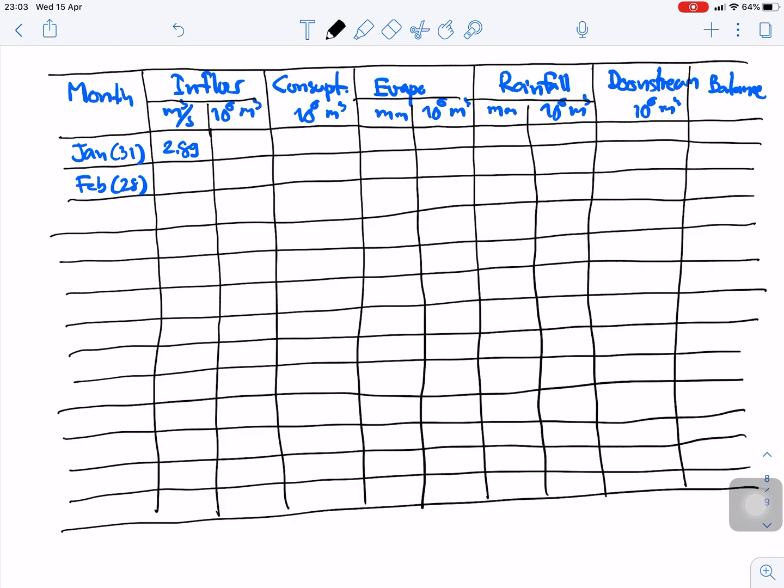Okay, so we put the next we have to find what is the volume of the inflow from convert from cubic meter per second to cubic meter per month.